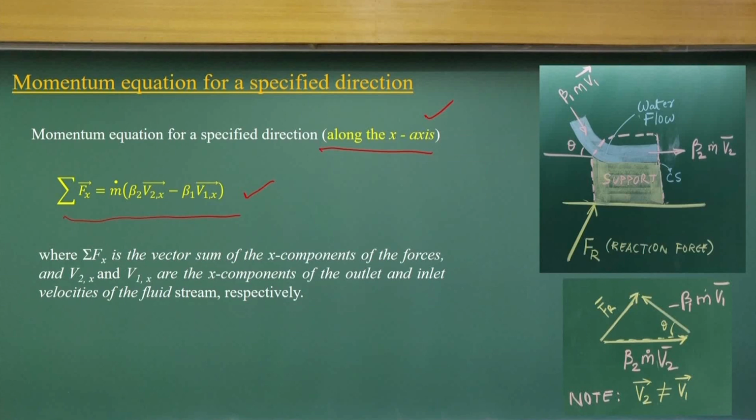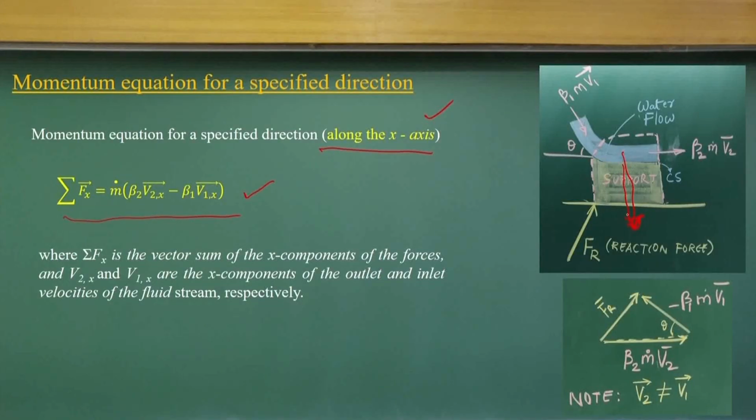Here we have a very good simplification: if I compute the force component only in the x direction and consider the control volume like this, I know the gravity force acts in the z direction, so that force component will not contribute. Also, the force acting in the y or z direction may not have any components. So, you can treat the force component as a scalar in the x direction only.